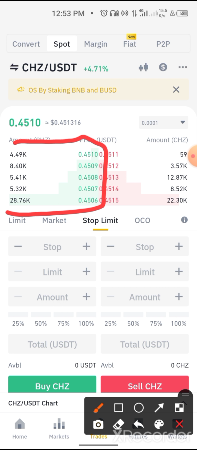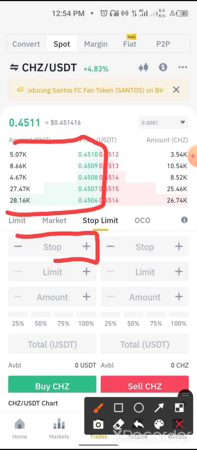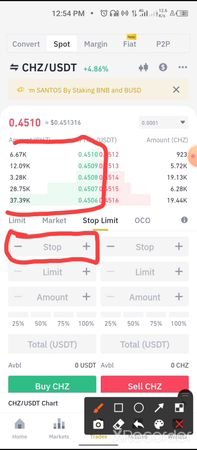Now what you are doing is placing a trade and telling Binance we have a stop. This one is called the stop. The stop means that you are saying that when it gets to a particular price, I want you to place my limit order. Remember, if you don't understand the technicality of the limit order, you will not be able to understand either stop or OCO.